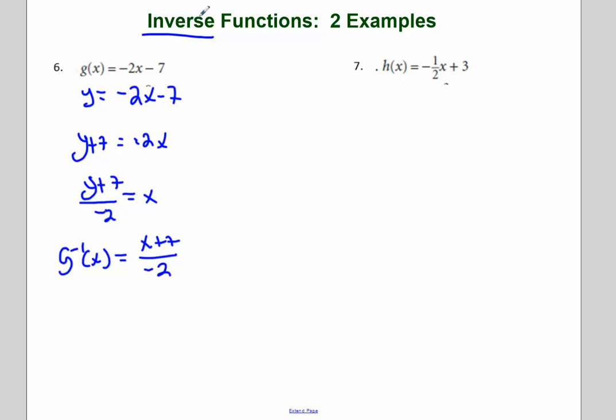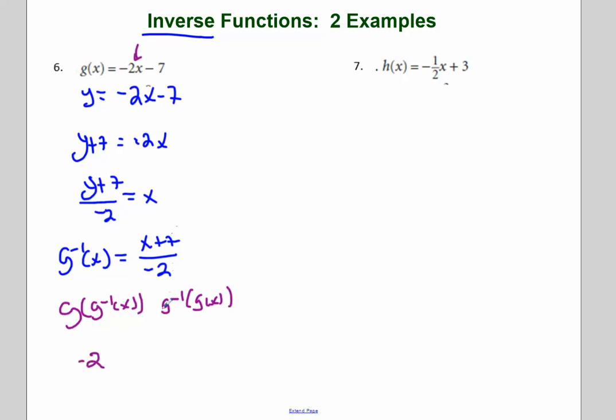Now we have an algebraic check that we can do. The algebraic check is just straightforward. Again, it doesn't matter which way you go. I can do g of g inverse of x, or I can do g inverse of g of x. These are little composite functions. I'm just going to put this right in here. So I have negative 2 times (x plus 7) over negative 2, minus 7.